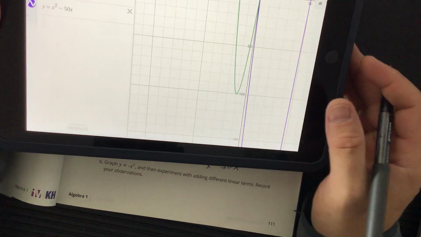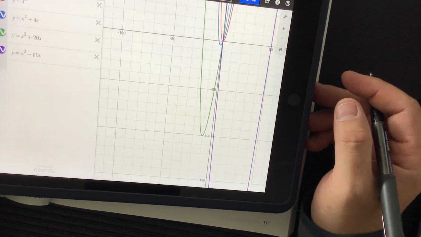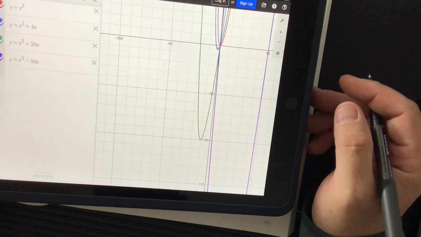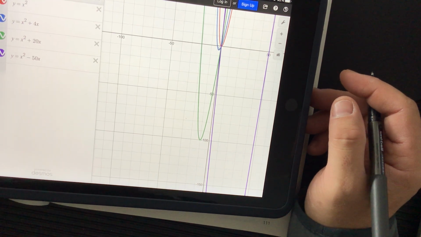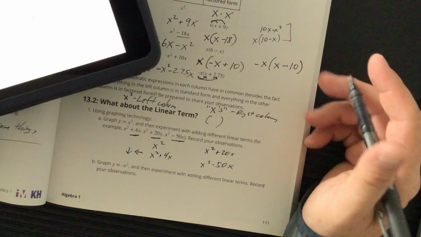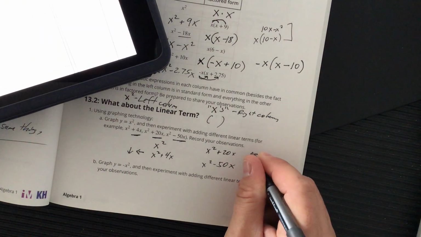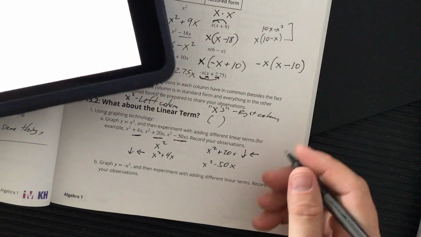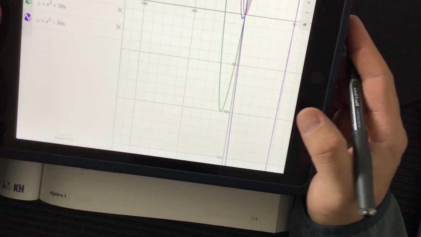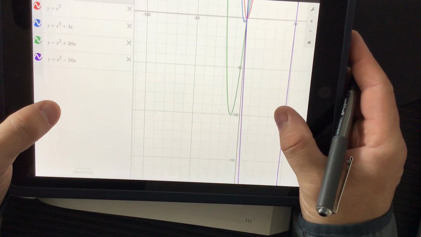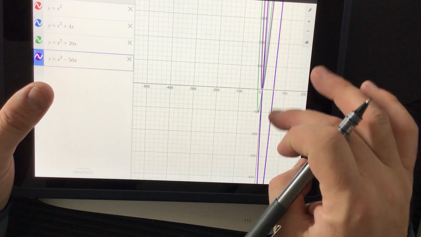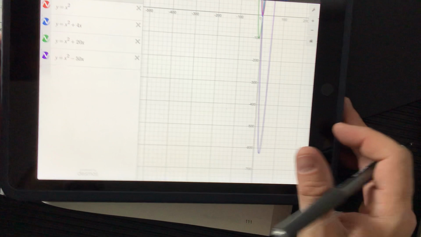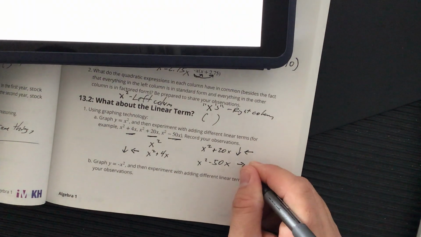How about the green one? That would be the x squared plus 20x. Left and down. Left further and down further. And then how about the minus 50x? Right and down.